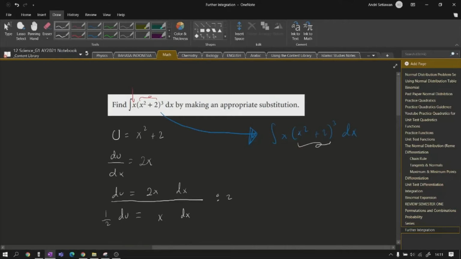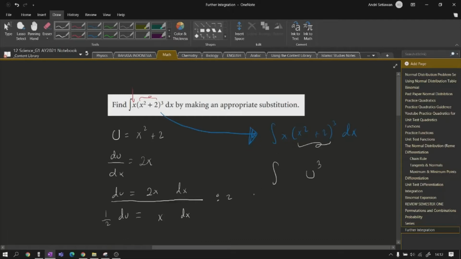Okay, we can substitute x power 2 plus 2 to be u. So we get a new form, u power 3. We substitute x power 2 plus 2 to be u power 3, and the rest is x dx.